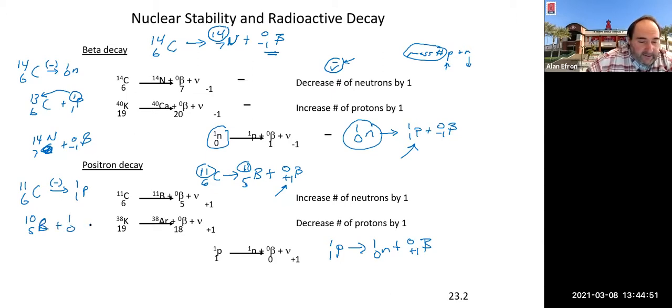And at this point, it then becomes 11, 5, and boron because of that. So again, ultimately, it doesn't change, but there is a change that's happening. We're losing a proton and gaining a neutron in this particular case. But the grand tally of everything, we don't see a change in the mass number. Any questions on that there?